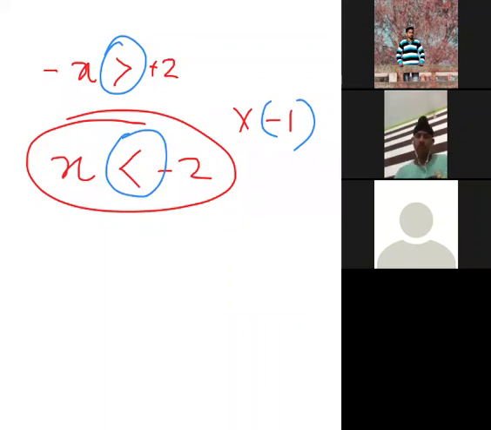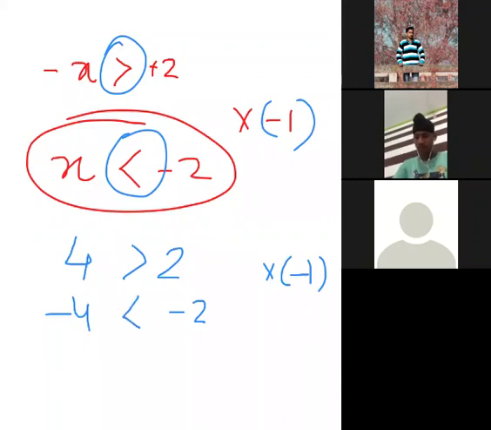Likewise, one best example I'm showing you. See, 4 is greater than 2. If we are multiplying both the sides with -1, what it will become? -4 and -2. And inequality symbol will reverse.